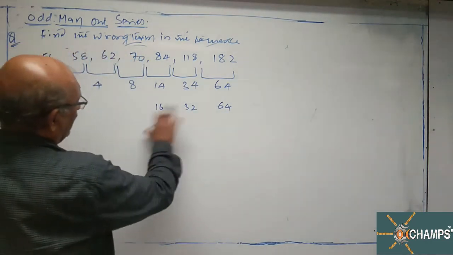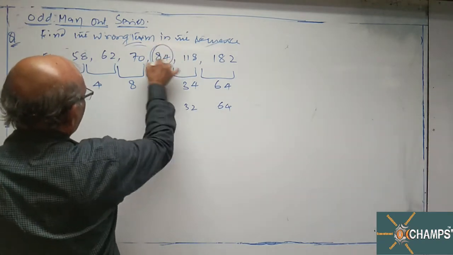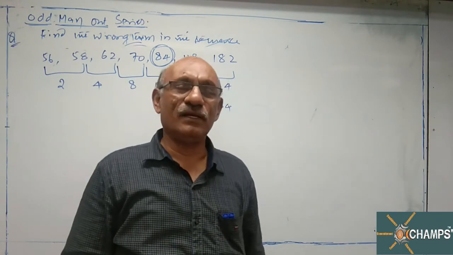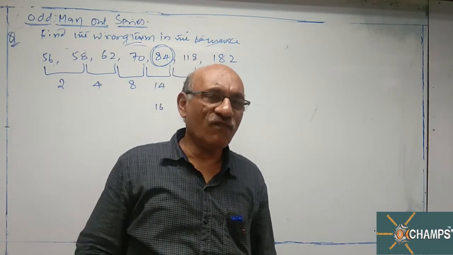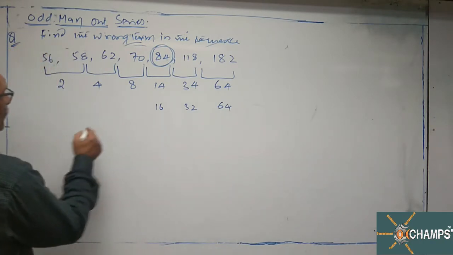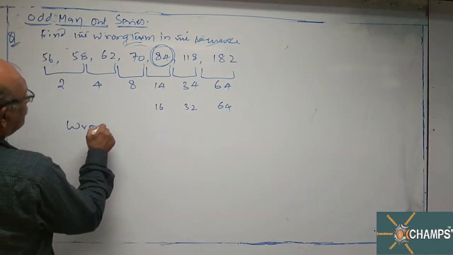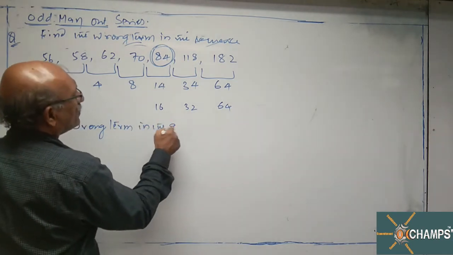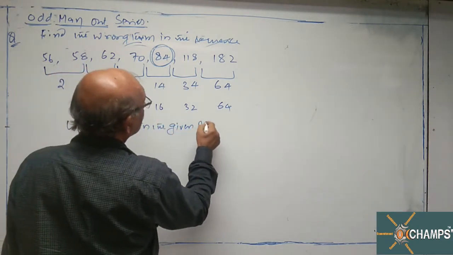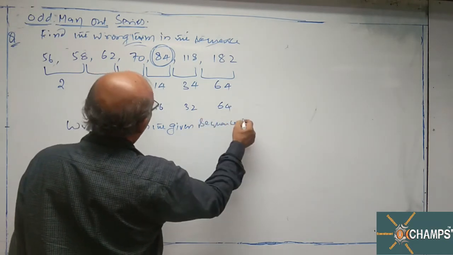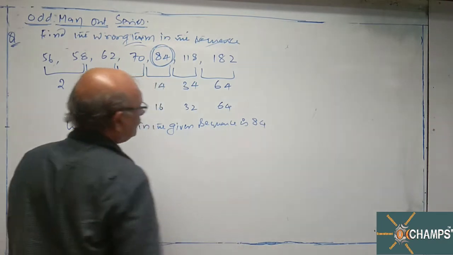Therefore, after reaching this particular number, the given sequence is not following this pattern. Therefore, which one is the wrong term in the given sequence? The wrong term in the given sequence is 84.